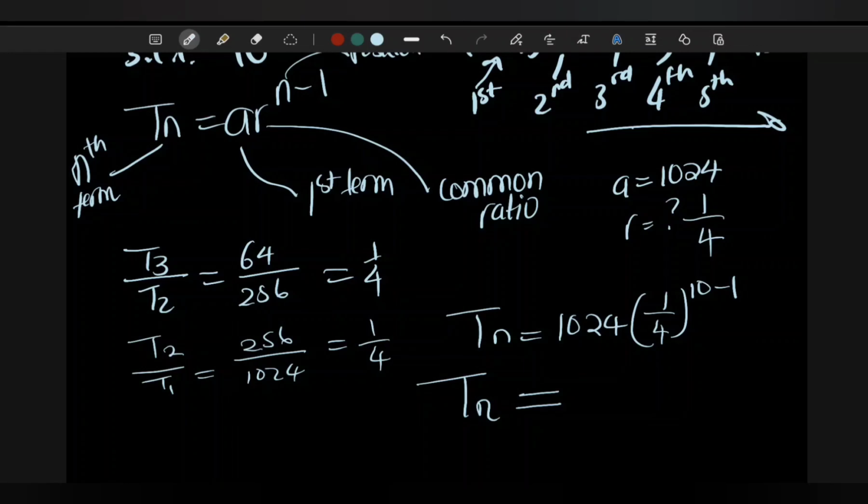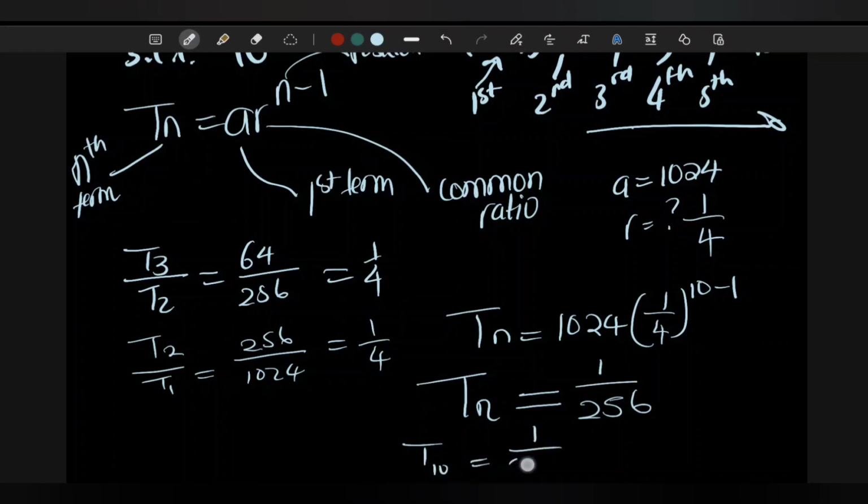The answer is 1/256. So at position 10, at T10, this is the term that is there. That is your answer right there.